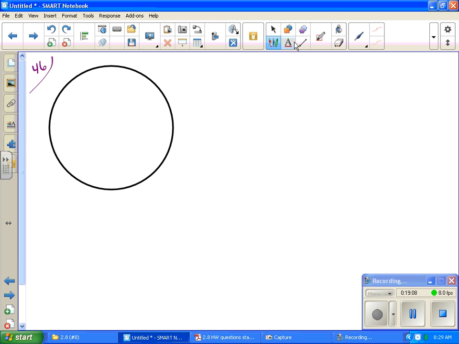So I'm going to set my clock at 1 o'clock. At 1 o'clock, the minute hand's up here, and the hour hand is here-ish, and it's about half the length. So I know this was 4 and this was 8.